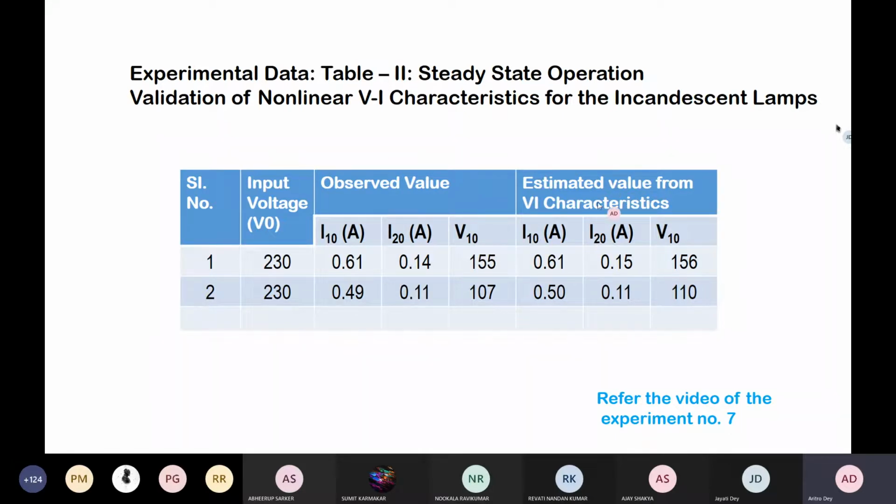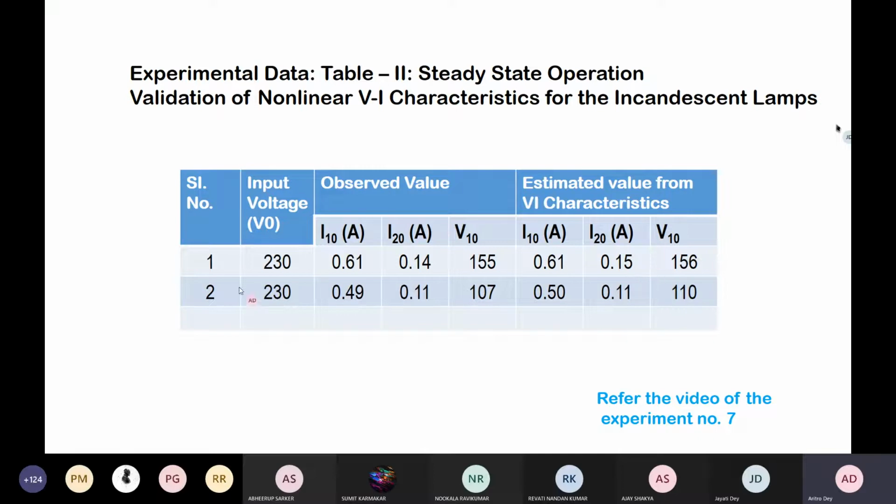So from the estimated value from the VI characteristics we get I10, through the tungsten filament lamp, which is 0.61, and the observed value from the experiment is also 0.61, so it is verified. And for the carbon there is a little error, we can see it is 0.14 and 0.15. So 0.01 ampere is the error in the carbon filament lamp.